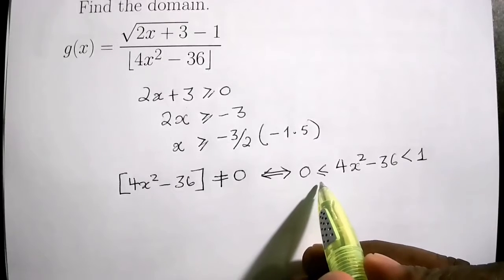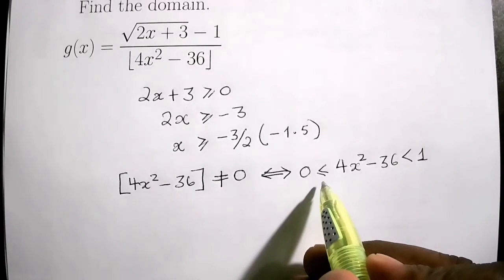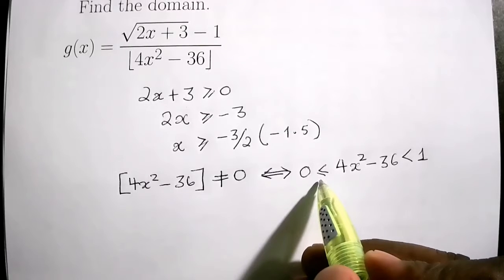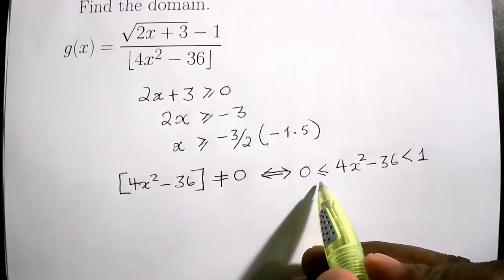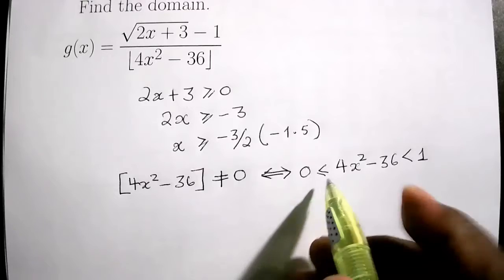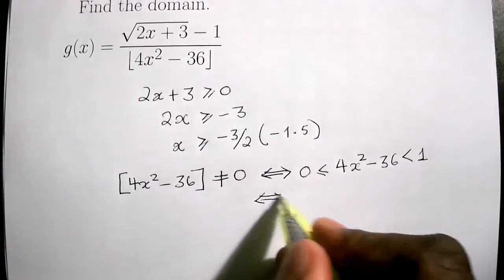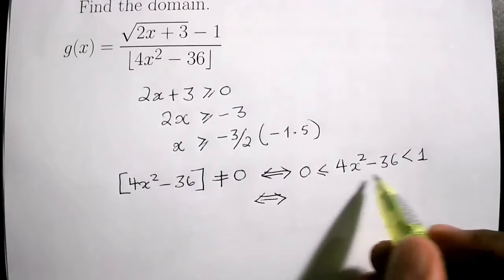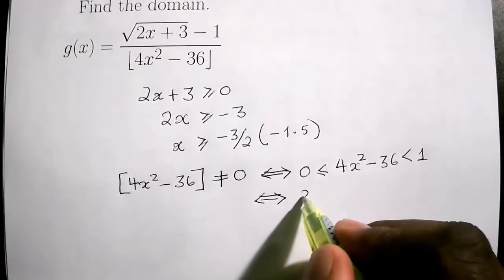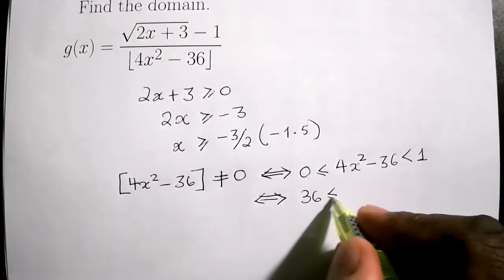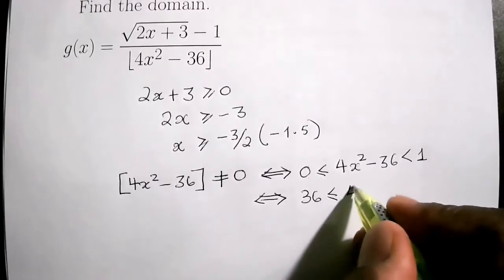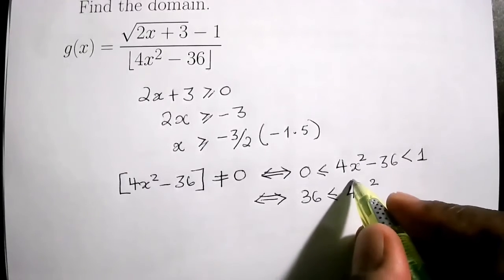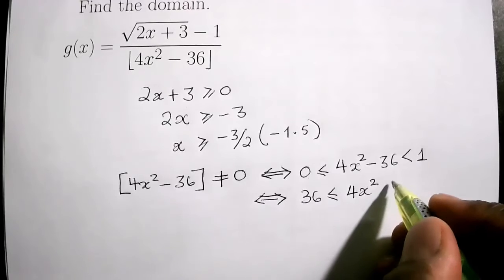And notice that here I've deliberately put less than or equal for obvious reasons, if you know how the greatest integer function works. So let's simplify this inequality by adding 36 right through. So we get the 36 here, and then we are left with 4x squared after adding 36.